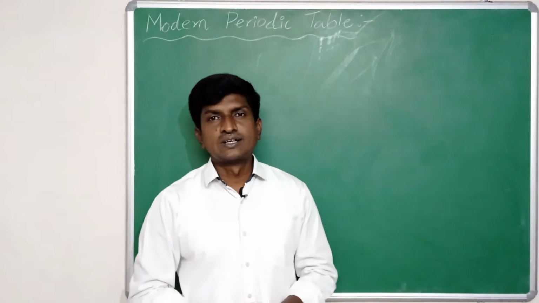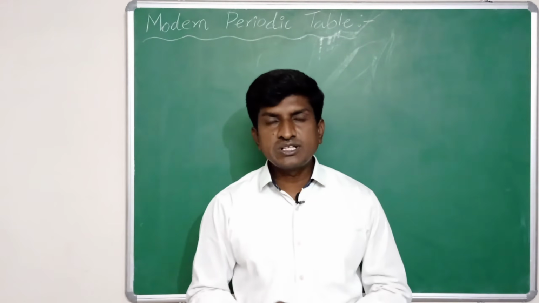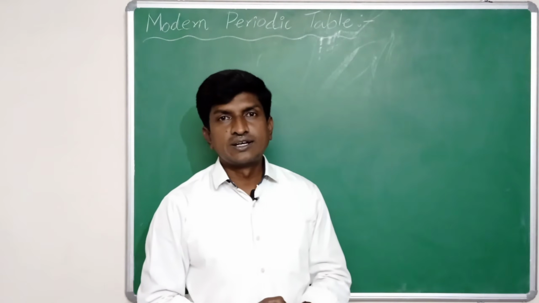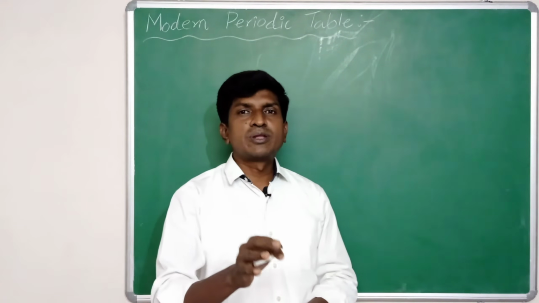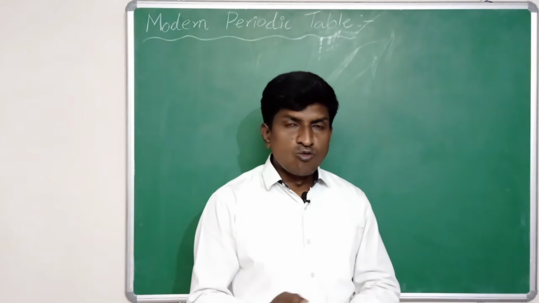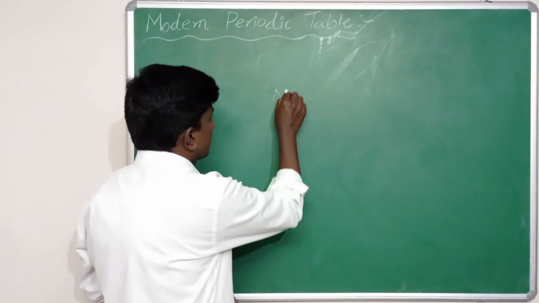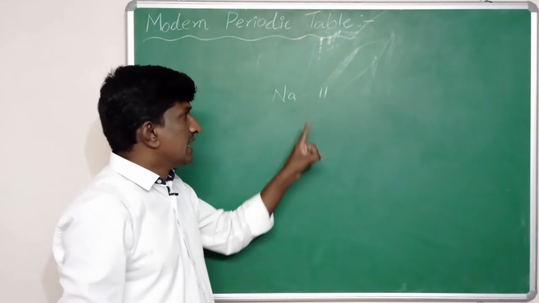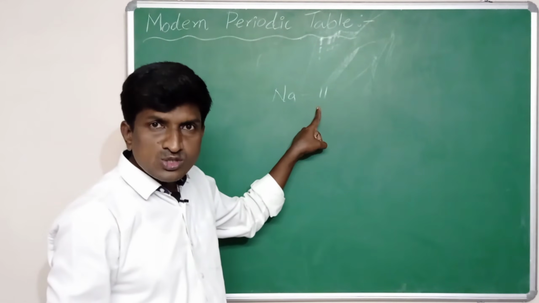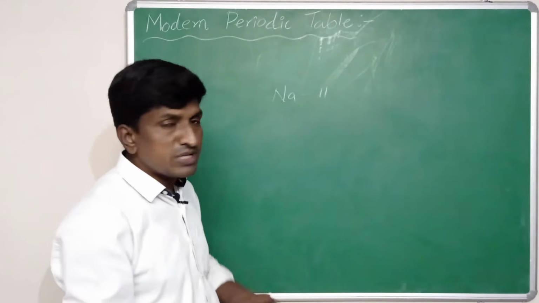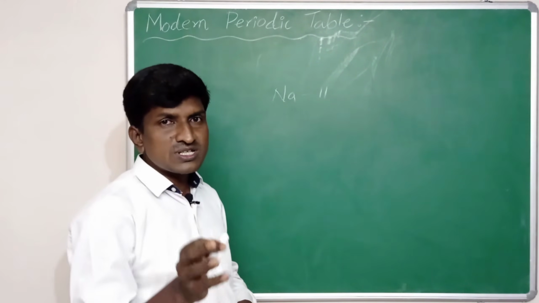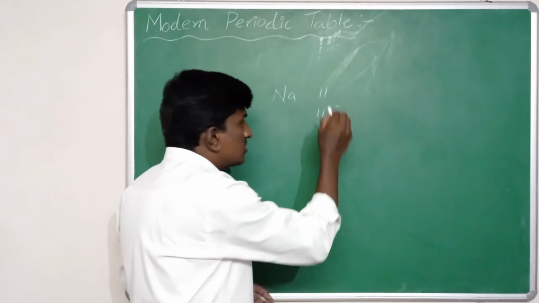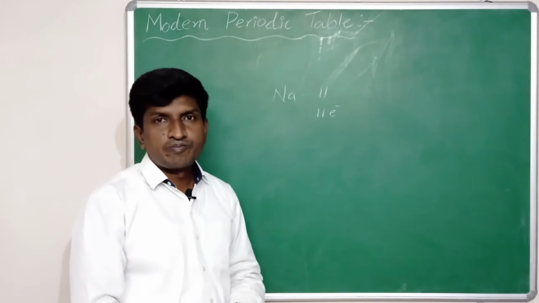The atomic number is nothing but the number of protons. If the atom is neutral, then the same number of electrons is also present. For example, let us take sodium. The atomic number of sodium is 11, which means 11 protons are present in sodium. If sodium is neutral, there is no positive or negative charge, so the same number of electrons is also present in that sodium.